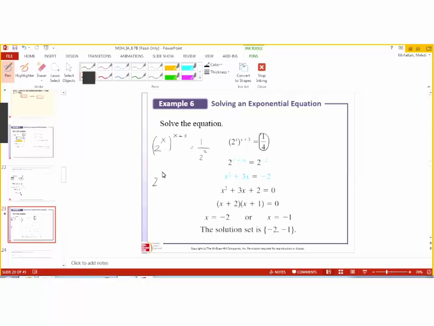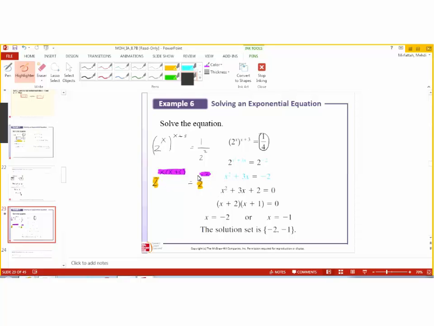Then I can move this 2 to the top of the fraction and make it 2 to the power of minus 2. So you see how I made the base the same again? The base here is 2, the base here is 2. So now I can make the exponents the same as each other. That's exactly what we're doing here.